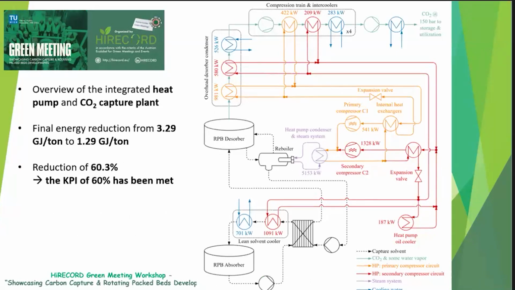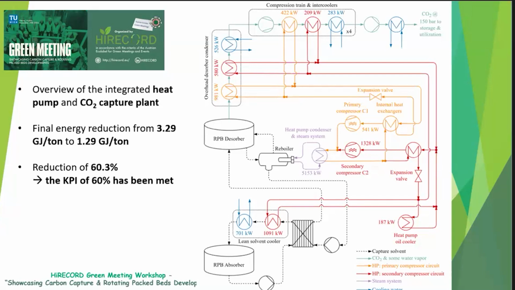Then we have the primary loop in orange, and the secondary heat pump loop in red. And here we have the lean solvent cooler. About 1 megawatt of the total of 1.7 is used for the heat integration, and the rest is deemed to be of too low temperature to be used, and is rejected using conventional cooling means.